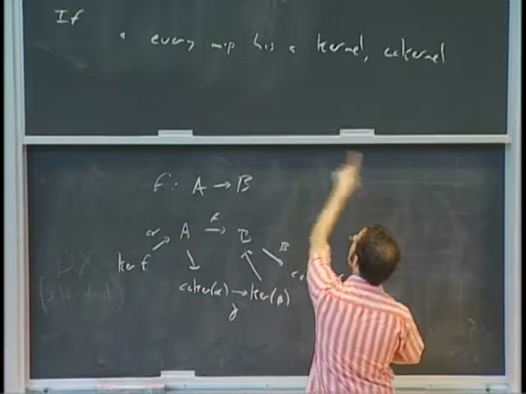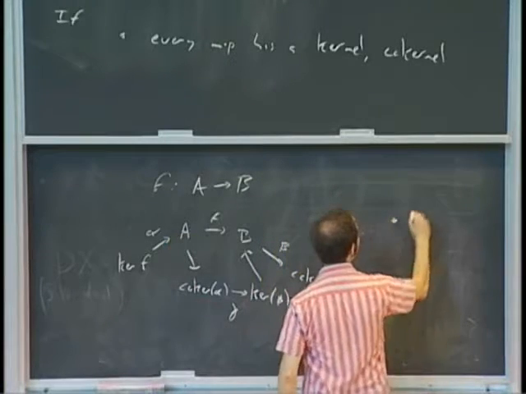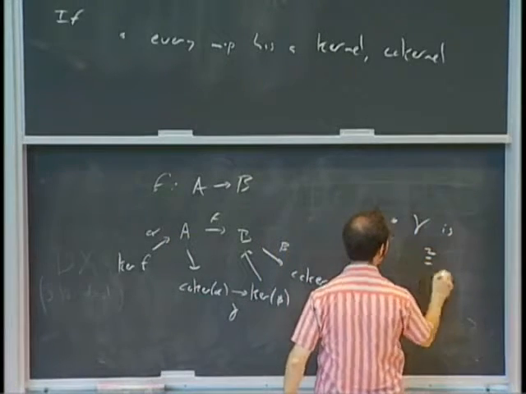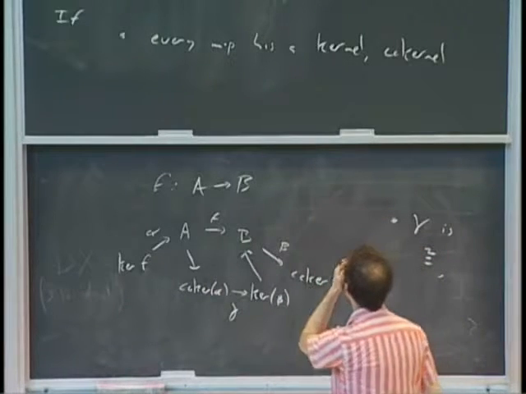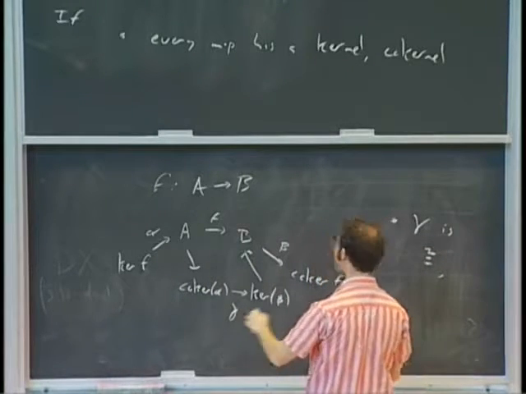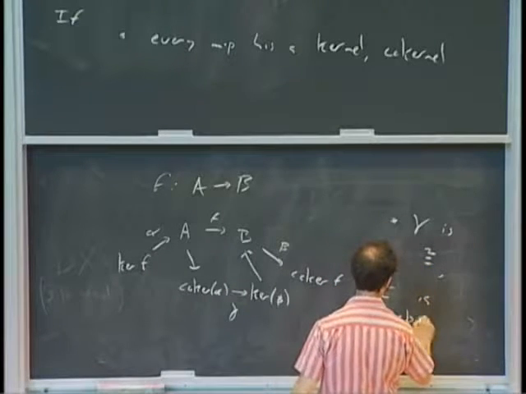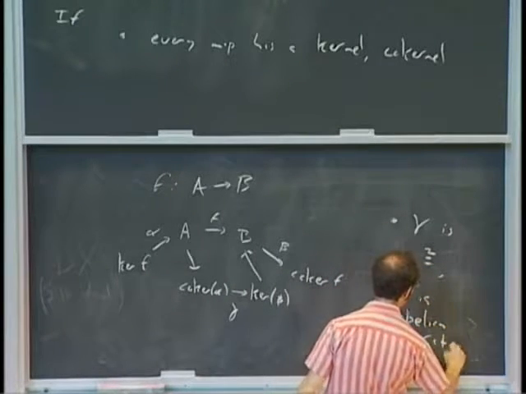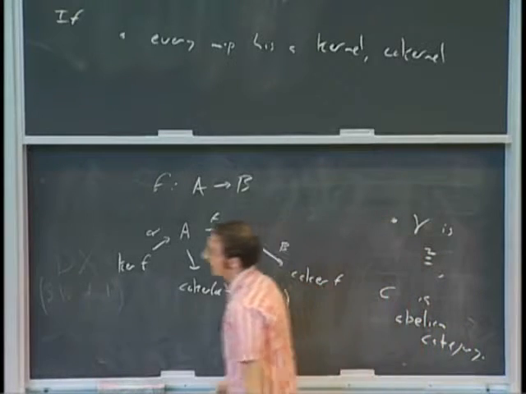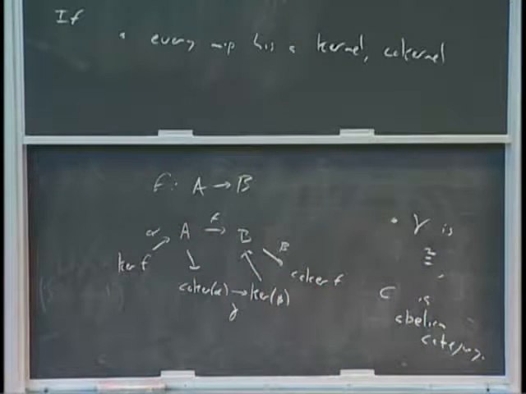And we'll say if one, every map has a kernel and co-kernel, and two, gamma is an isomorphism, then we say that C is an abelian category. This sort of condition is something like asking that your category has limits and co-limits.